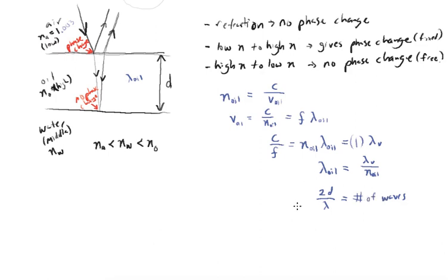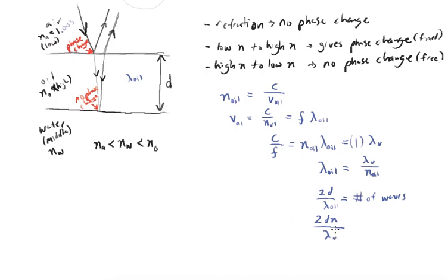And then substituting this out, we can get that 2dn, we're going to put this in for lambda, over lambda v. So this is in oil. And then this is in oil, 2d over the wavelength in oil, and this would just be it in the vacuum.